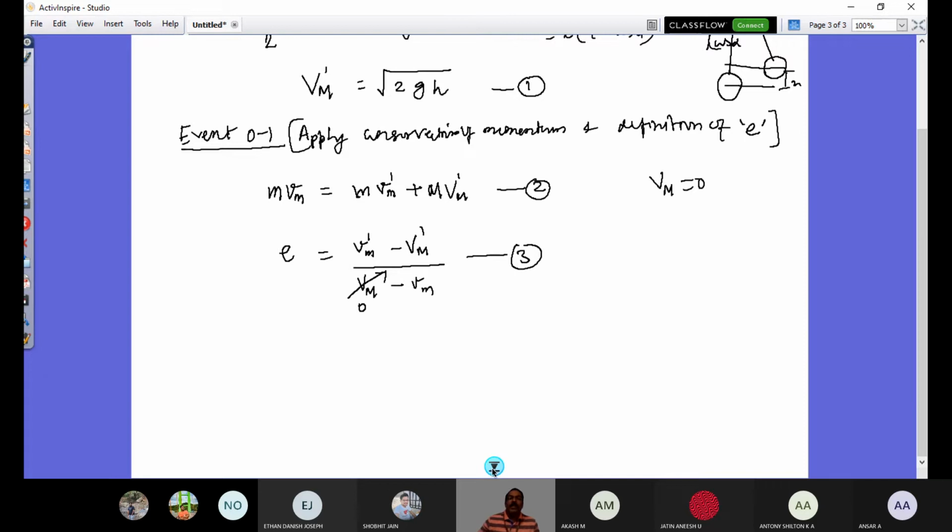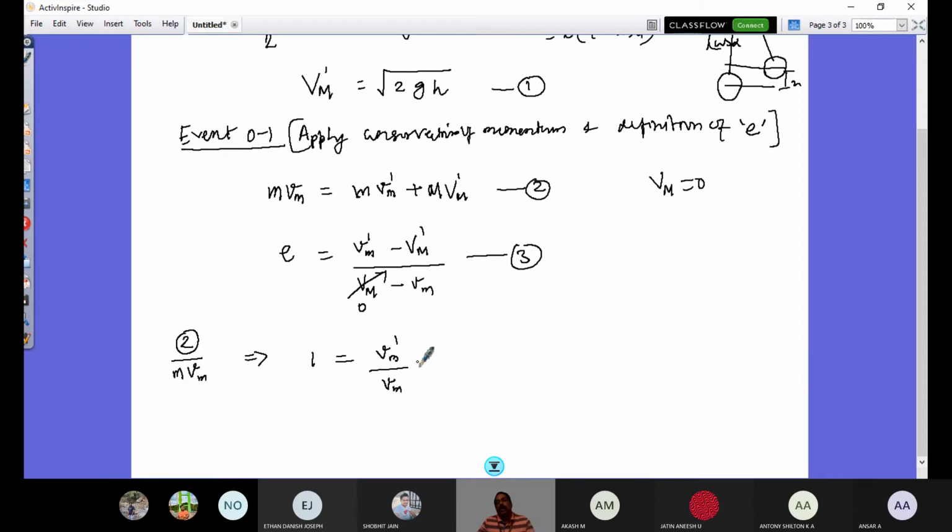So now look at this equation 2. I'm going to rewrite this equation 2 for convenience, to have a simplified formula. So I'm going to divide this equation 2 by small m and small vm. And if I do so, I would get this equation 2 as 1 on the left hand side, that's equal to, small m goes, so small vm dash by small vm.